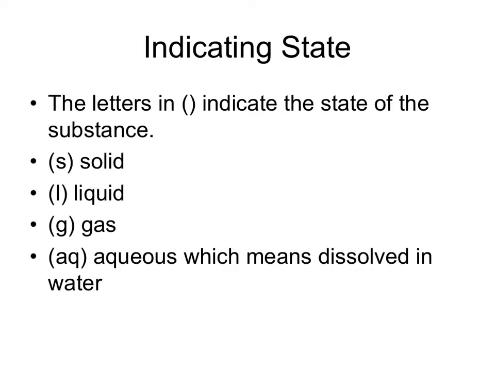So what was in the parentheses is an indication of the state. Because sometimes if you take solid sodium chloride and mix it with solid magnesium, it's just going to sit there. No reaction is going to happen.